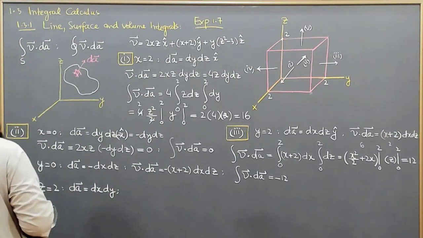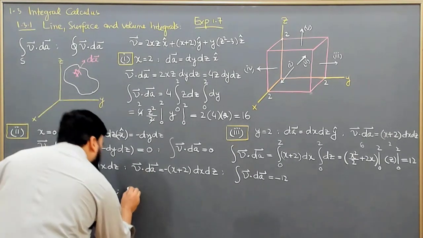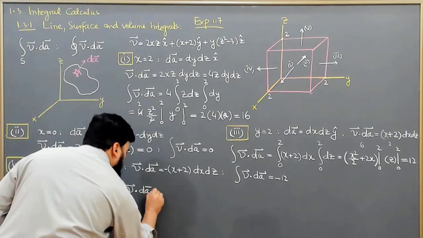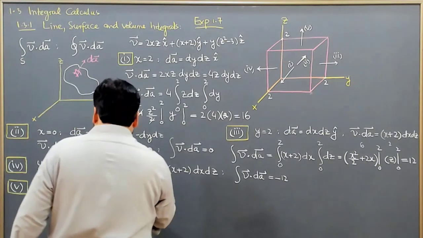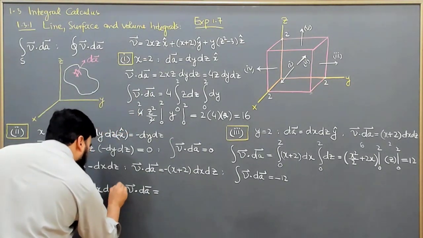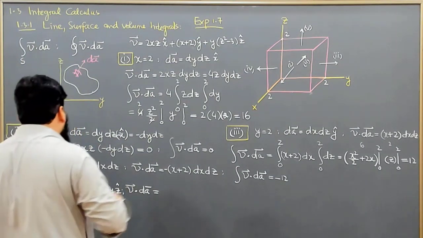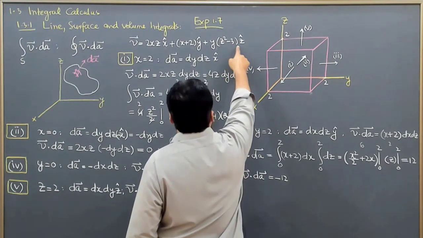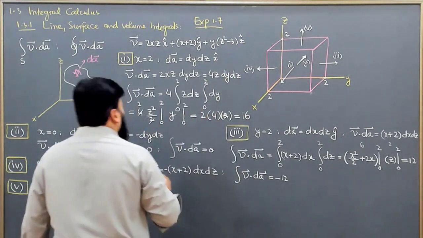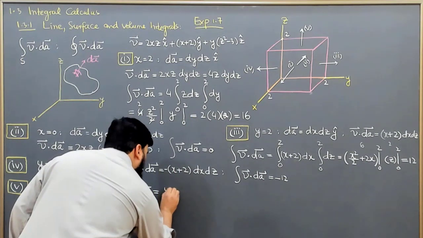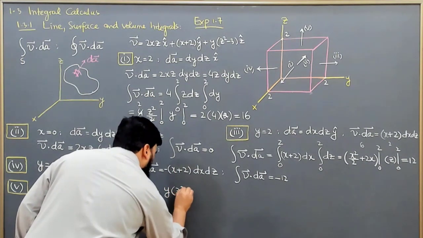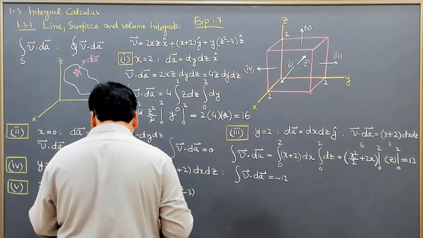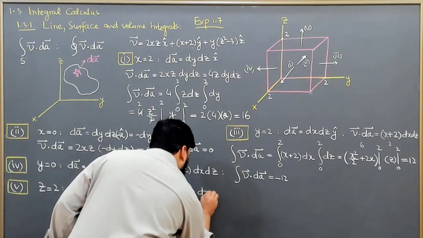Since dA is in the z direction, only the z component will be used. So it is y times z square minus 3, dot dA, which is dx dy.